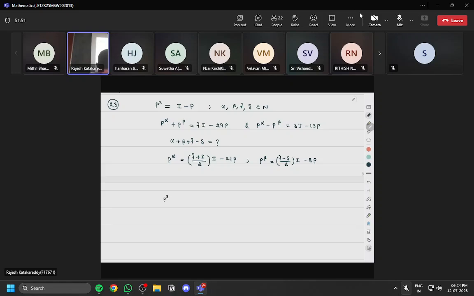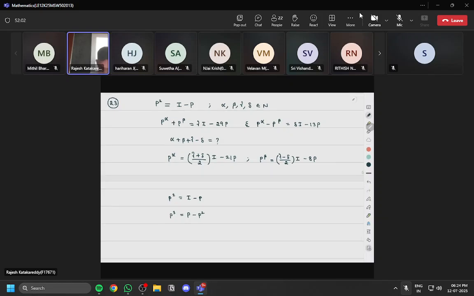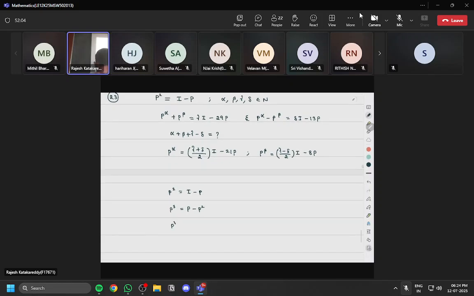Let us write P square is I minus P; multiply with P on both sides. P cube is P minus P square, substitute P square in this. So P cube is P minus identity plus P, so P cube is 2P minus identity. This is what I have.